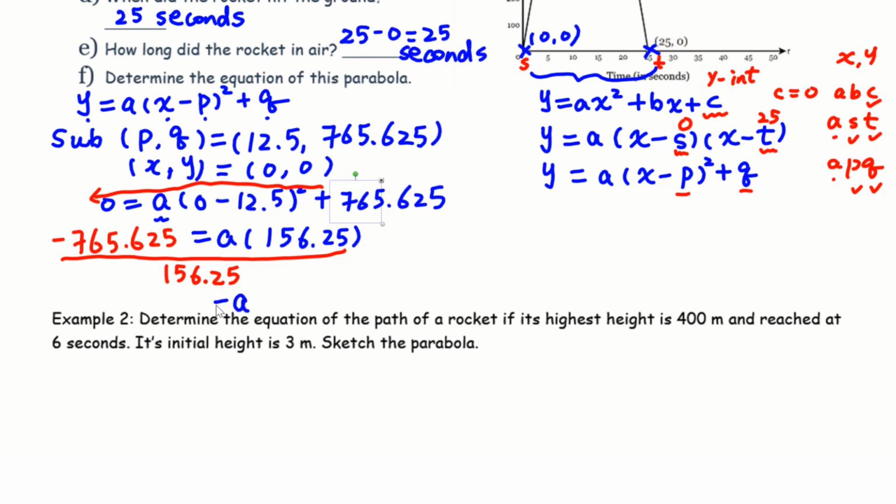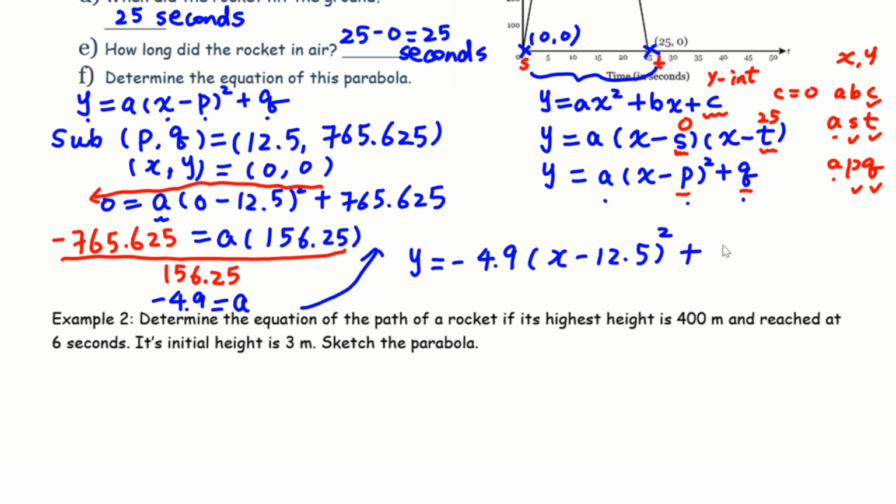Then you will find the a value is negative 4.9. Then we write the final equation, substituting a, p, q into the vertex form: y equals negative 4.9 (x minus 12.5) squared plus 765.625. This is the equation for the given graph.